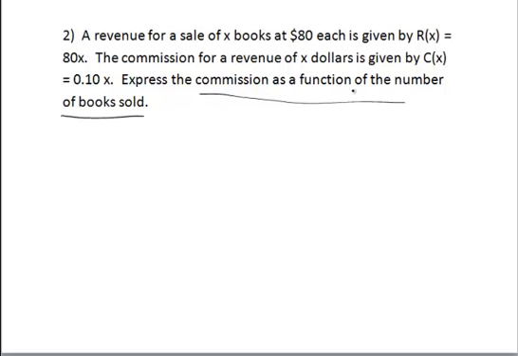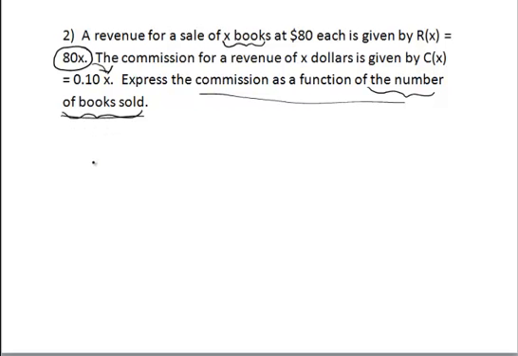When it says as a function of, all that stuff after the of, the number of books sold, that's what your variable should be in your composition or in your function. So the number of books sold, x books, is talking about this one, right? So we must need to put that inside this function so that we keep this one. We want x to be the number of books sold.